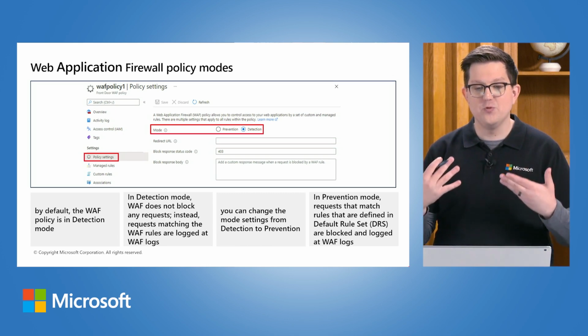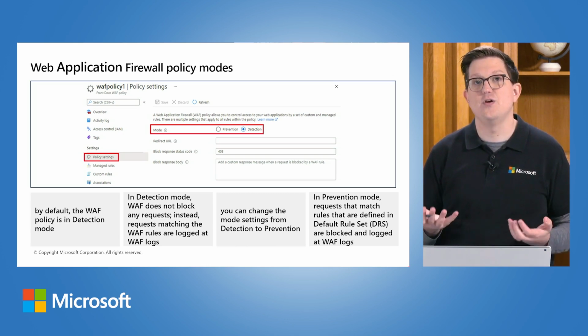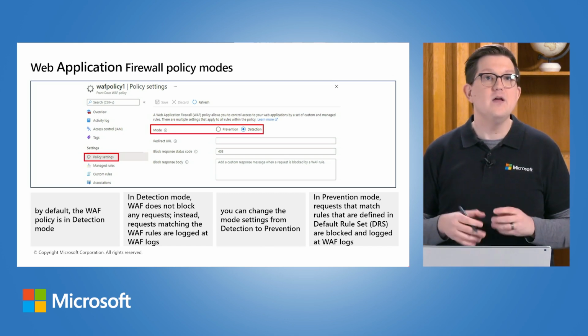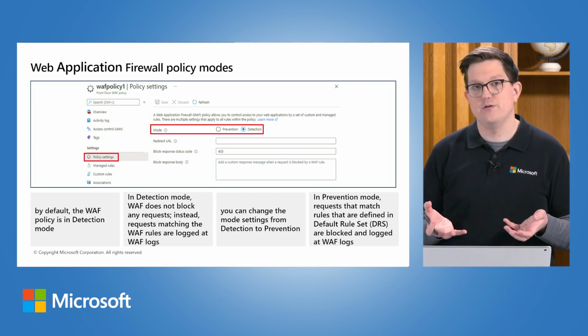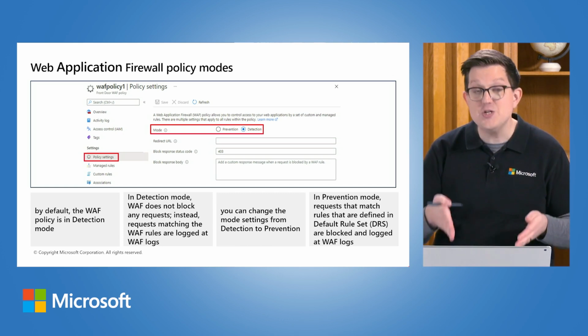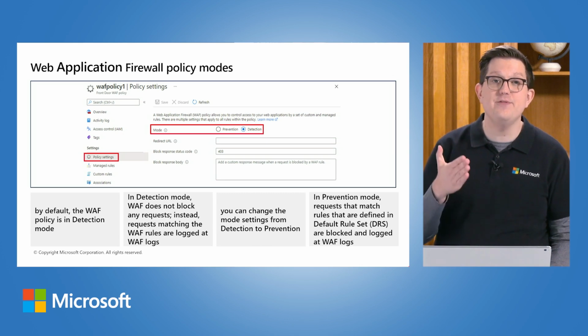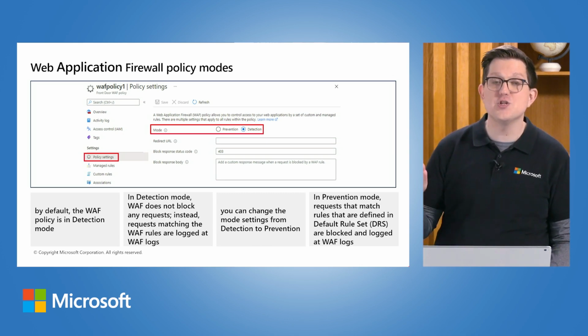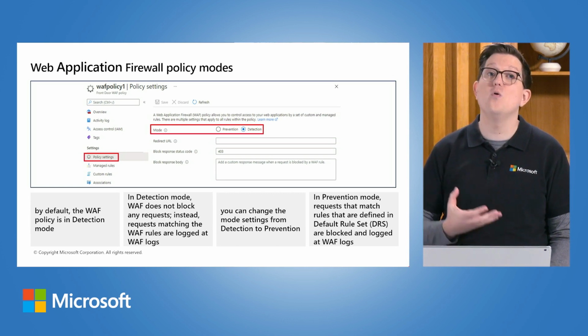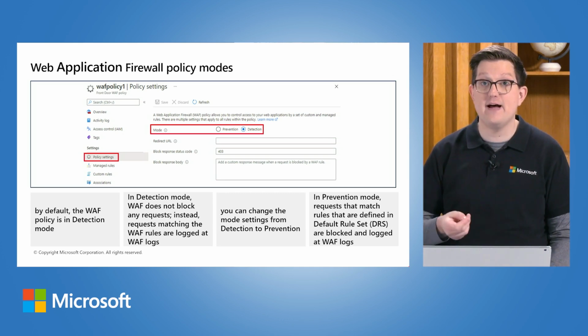This will detect that an attack or a potential attack has occurred, but it's not actually going to stop it. Think of this like an alerting mode alone. By putting your web application firewall into a prevention mode, that will actively stop things that match the rules that are defined in the rule set that you have either built out or the default rule set that we provide.